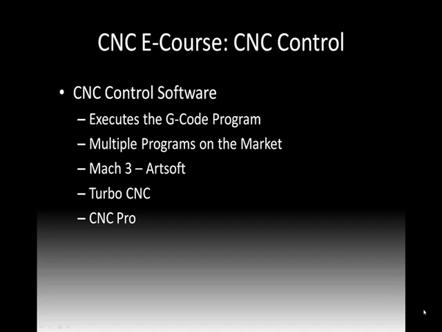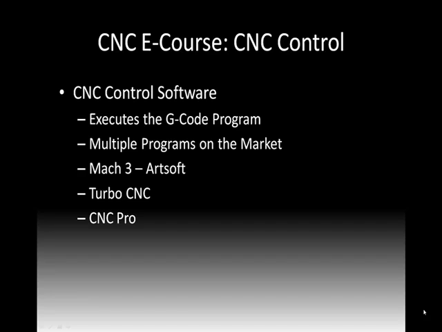The next is control software, and that software is what executes that G-code program. It walks line by line, as we saw earlier. It goes through each of those steps and directs our machine. Now there's a bunch of different control programs on the market. I'm a huge fan of Mach 3 by Artsoft.